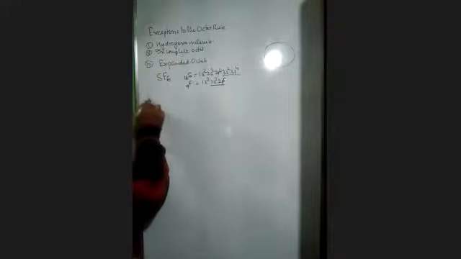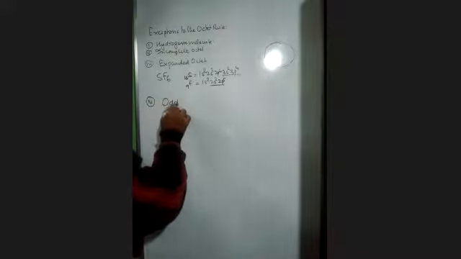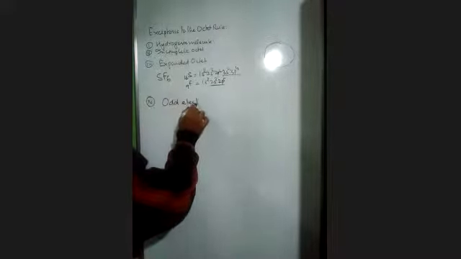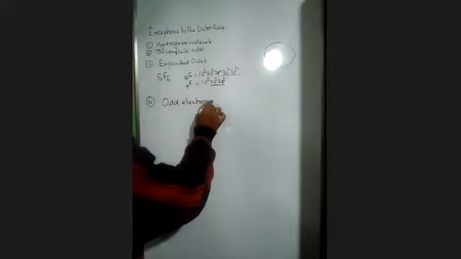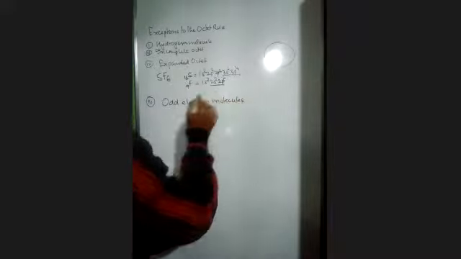Now we are going for the last one. It's called odd electron molecules. Odd means it will be unpaired.